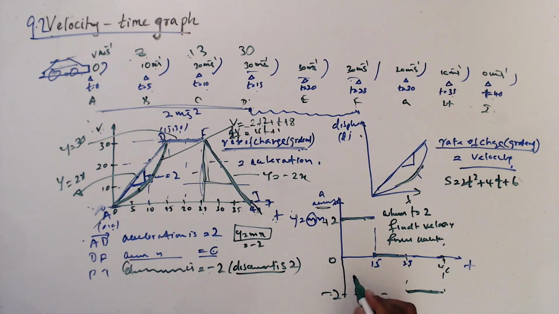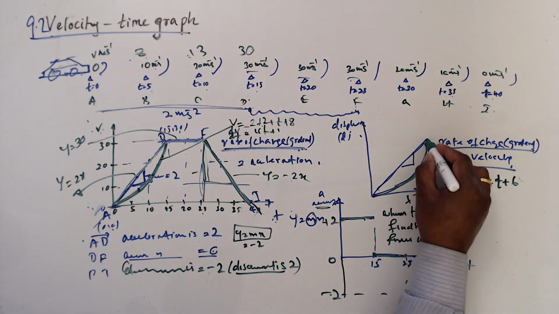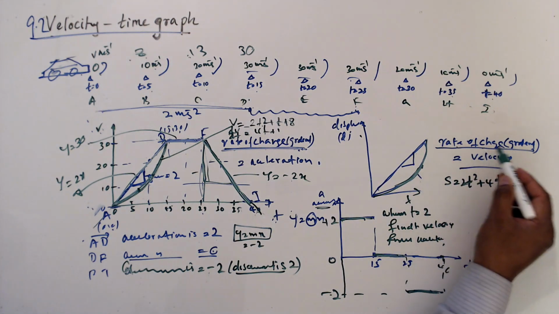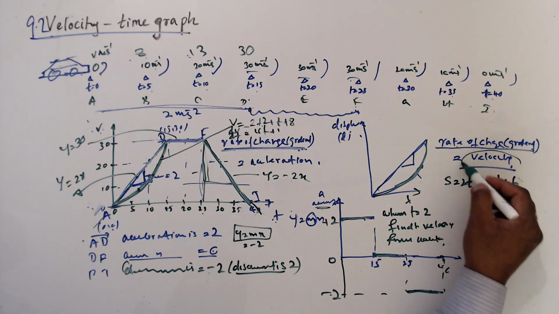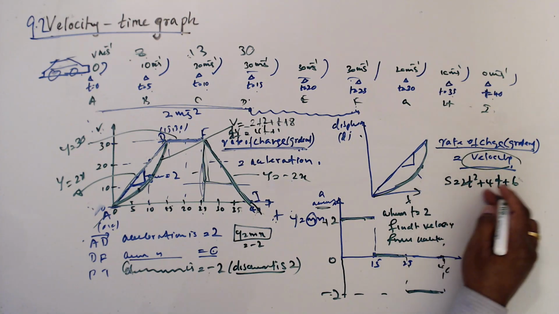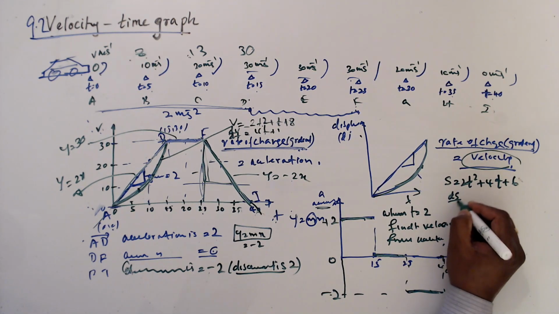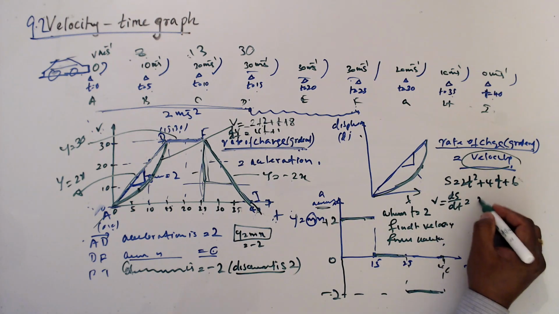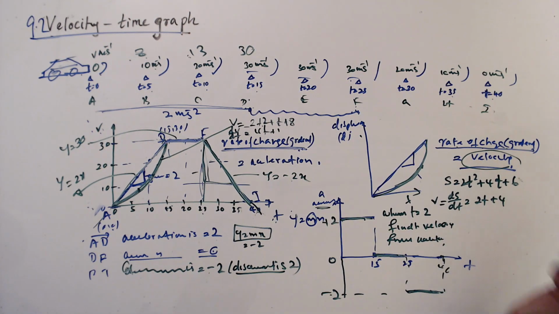How do you do it now? They will give this curve. So what is the rate of change? That is velocity. So you want to find the gradient. How do you find a gradient for this kind of curve? ds over dt. So now this is the velocity, that is 2t plus 4.